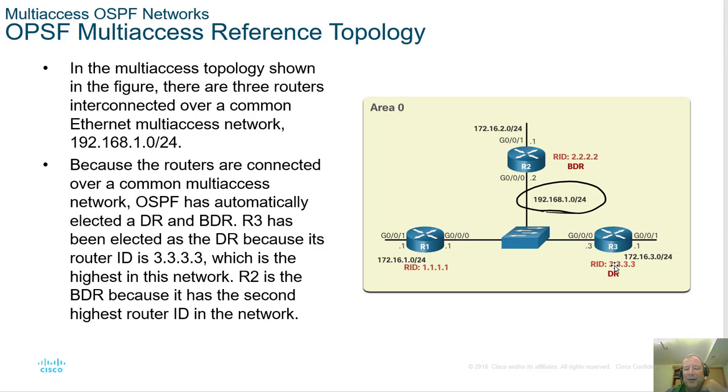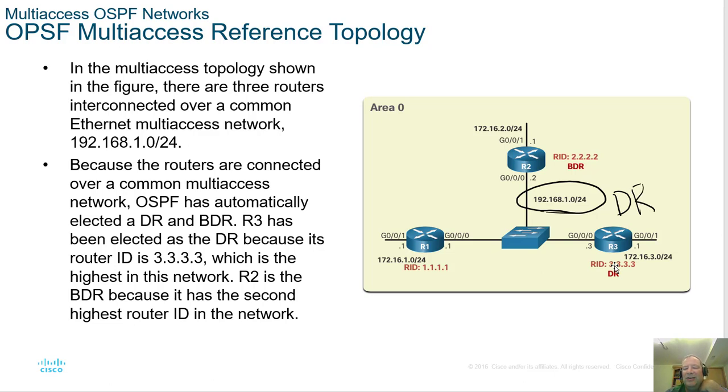By default, the router will take the highest IP address on any interface and advertise it as its router ID. So even though they'd already hard-coded these, and we'll get to that in just a second, router 3 with the active interfaces would be 192.168.1.3, the highest possible address, so this would become the designated router in that case.